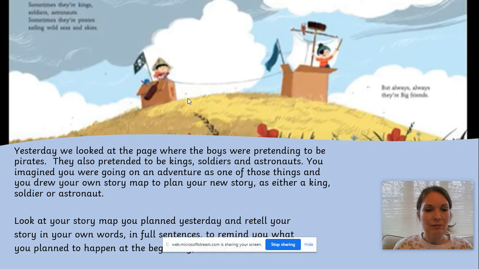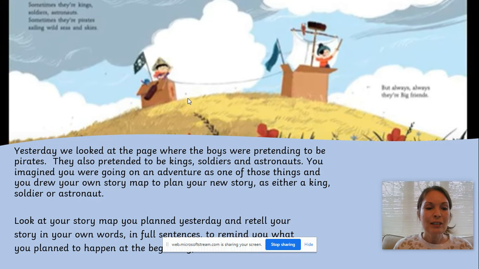Now, yesterday we looked at the page where the boys, Etho and Bert, were pretending to be pirates. They were also pretending to be kings, soldiers, and astronauts. And you imagined that you were going on an adventure as one of those characters, and you drew your own story map to plan your new story as either a king, a soldier, or an astronaut.